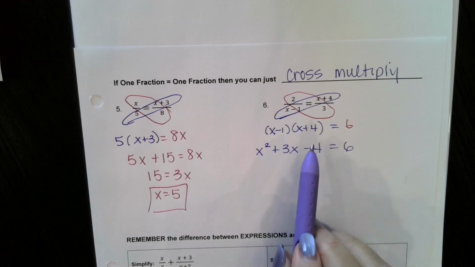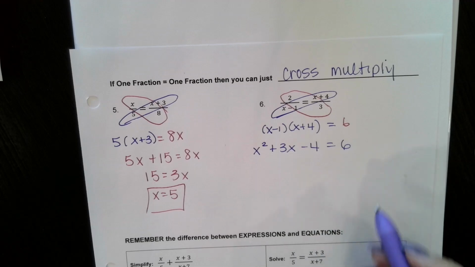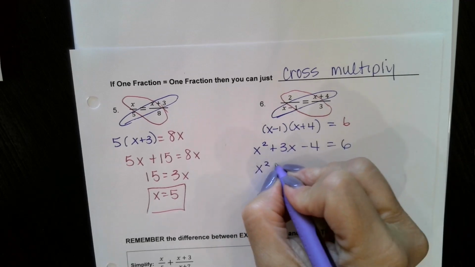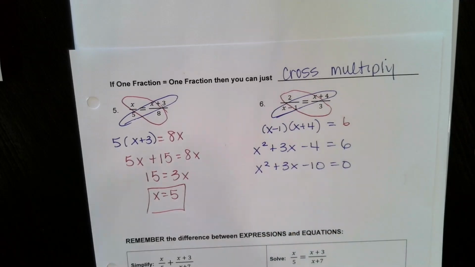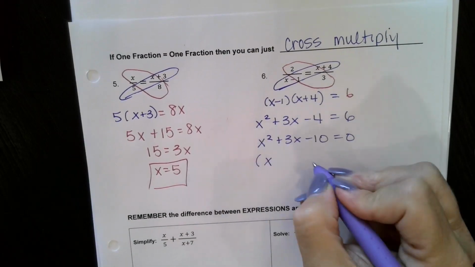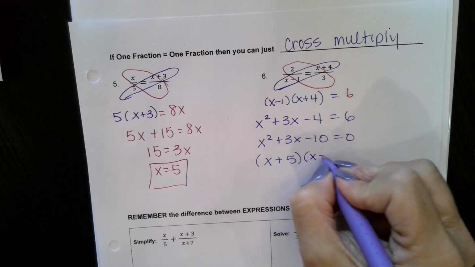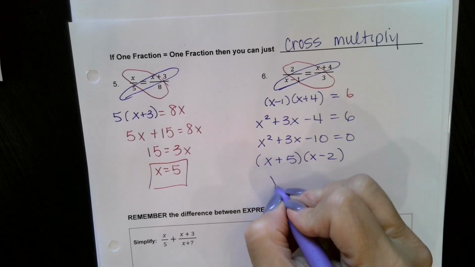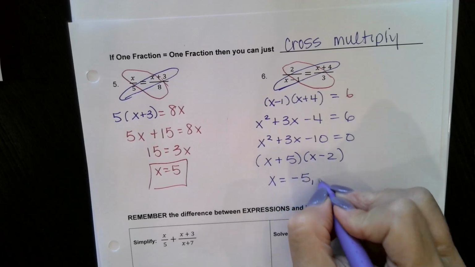I FOILed this kind of in my head, but if you need to go over here and really FOIL it, then you can. So remember, it has to equal 0, so I have to move the 6 over. So now when I factor this, I would have x plus 5 and x minus 2. So my two values here are going to be negative 5 and positive 2.